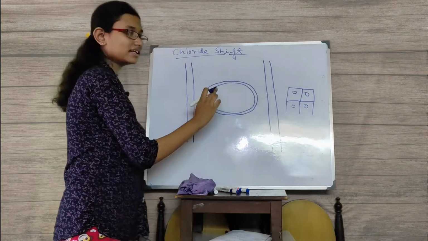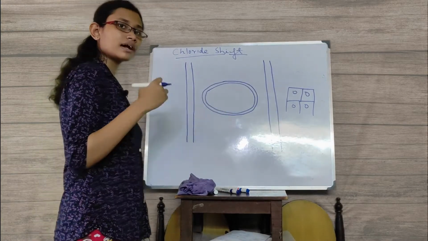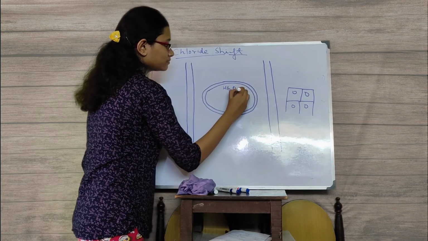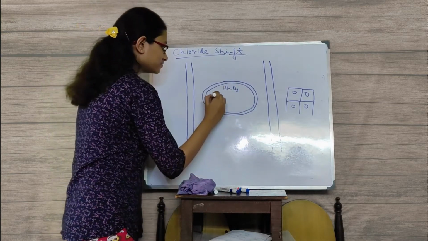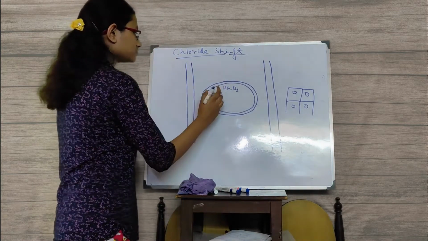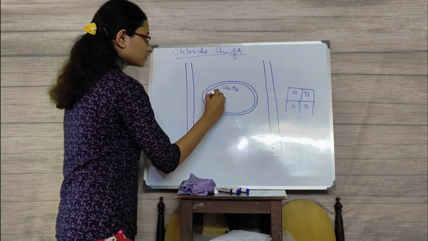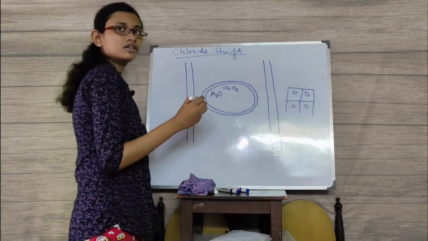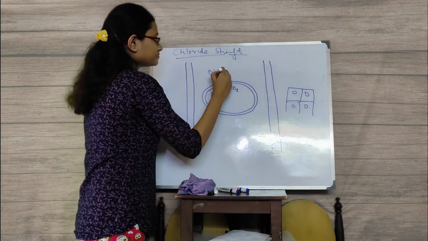So what do we have in this RBC? First of all, we have oxyhemoglobin, HbO2. We have water, H2O. And here we have sodium chloride ions.